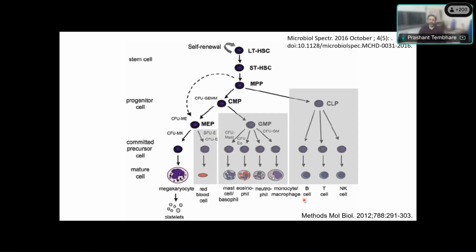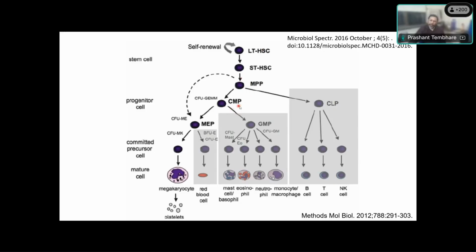So coming to the stem cell compartment. In the stem cell compartment, you have hematopoietic stem cells, the long term and the short term. Self-renewal happens in the long-term hematopoietic stem cell, and the hematopoietic stem cell then divides and becomes multipotent progenitors.